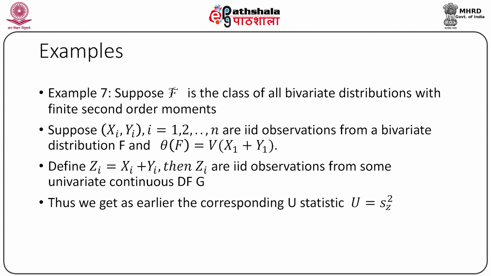The corresponding U statistic is naturally s square z, that is the sample variance based on z observations. Thus, in any case, the basic idea is to define a new variable z having some univariate distribution, reduce the functional in terms of the moments of z, and then apply the usual methods with z observations.